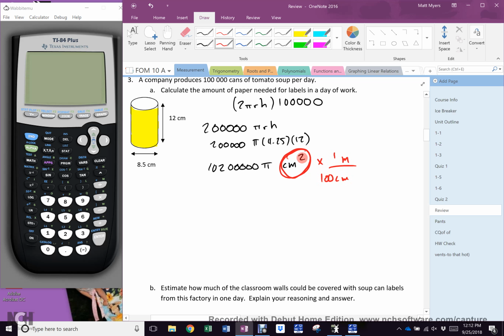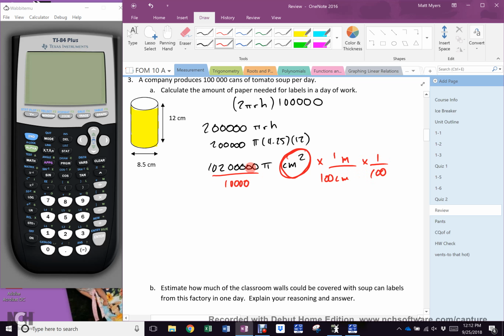But I'm doing 2 dimensions, aren't I? So what do I got to do? I got to do it twice. So I got to divide this by 100 and by 100. So isn't that the same as dividing that by 10,000? Isn't it?